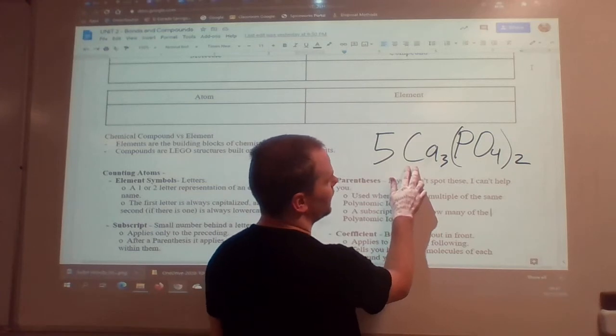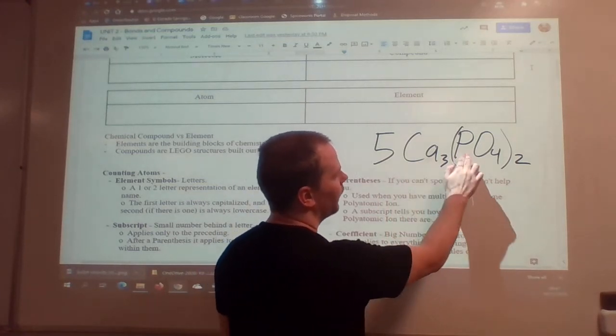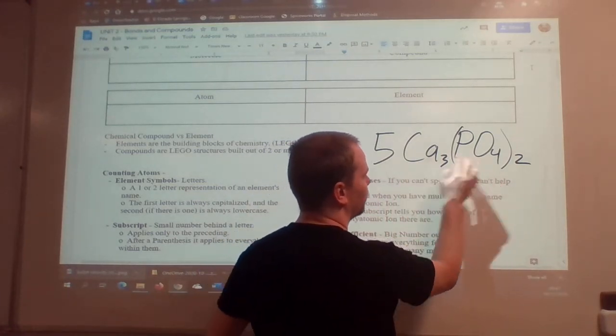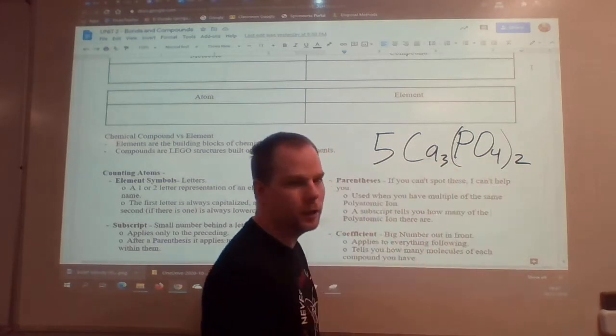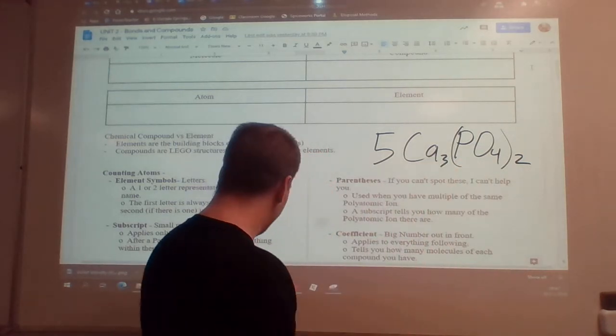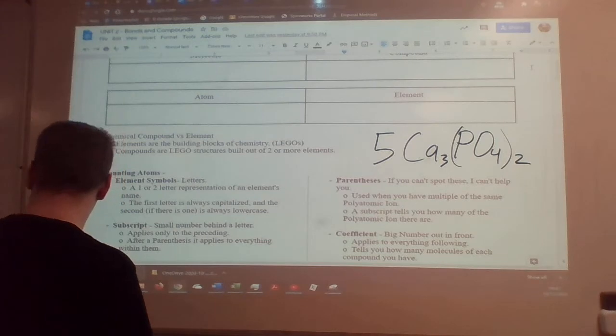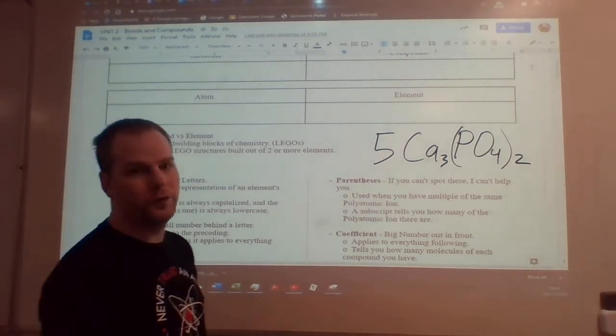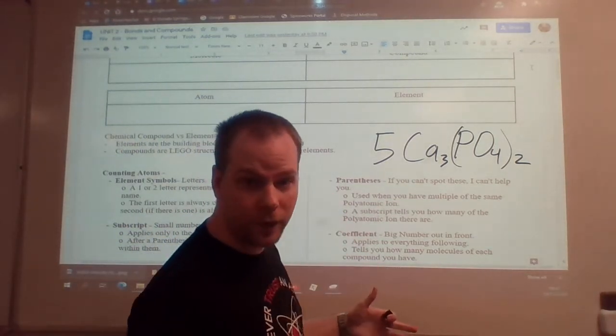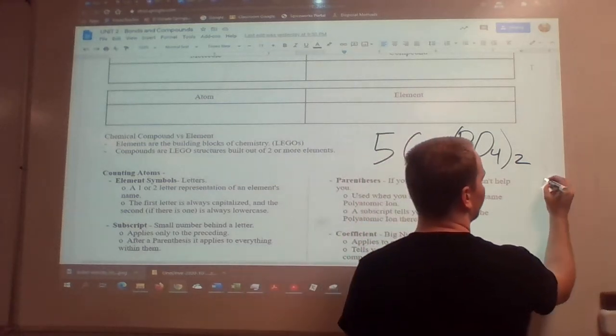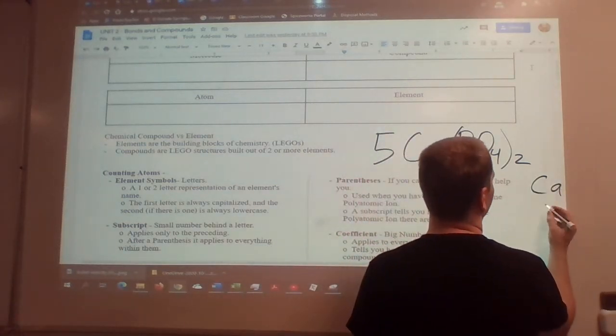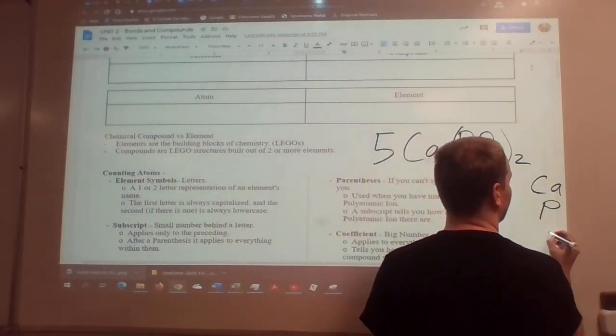So we have the C in Ca, that's 1, an uppercase P, and an uppercase O. So there are 3 elements in this compound. The first thing we would do when counting is make a list: Ca, P, and O.